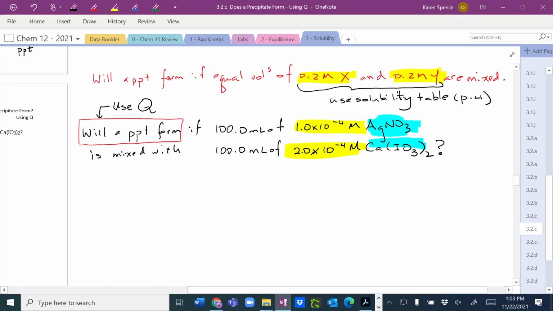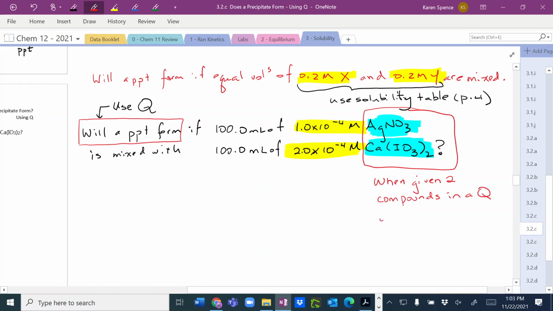Anytime you have two compounds in a question that needs a Ksp or a Q, you need to say who is the precipitate. So you have to identify the precipitate first.